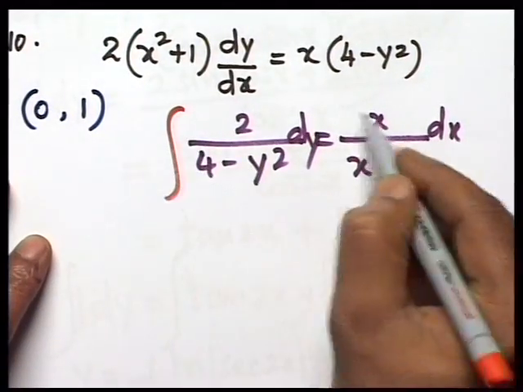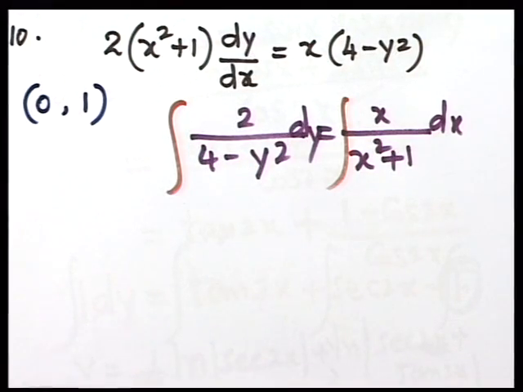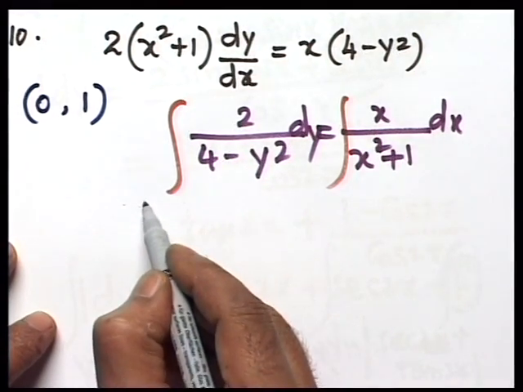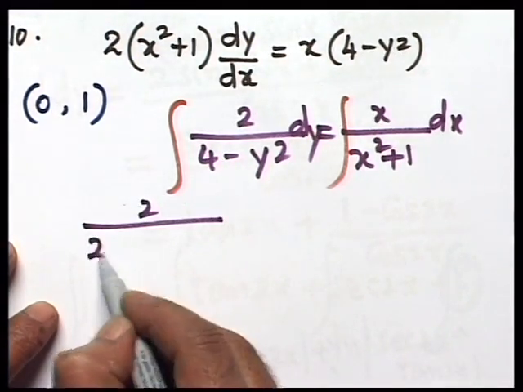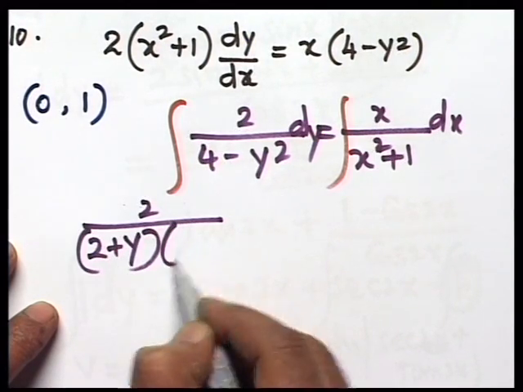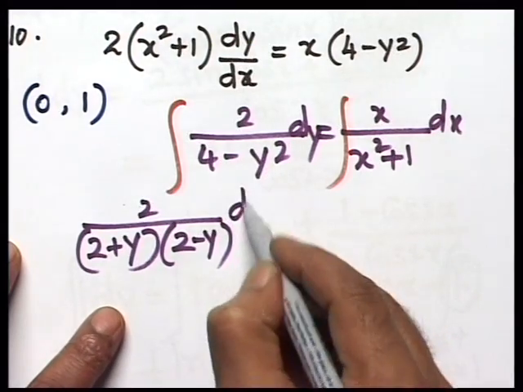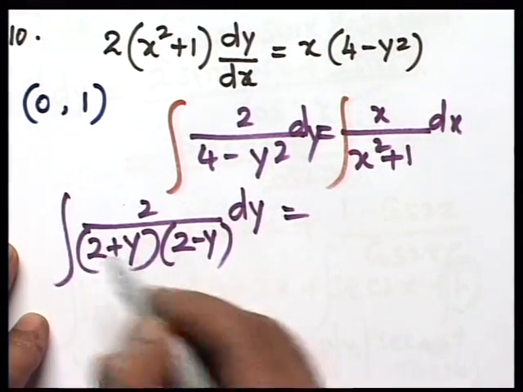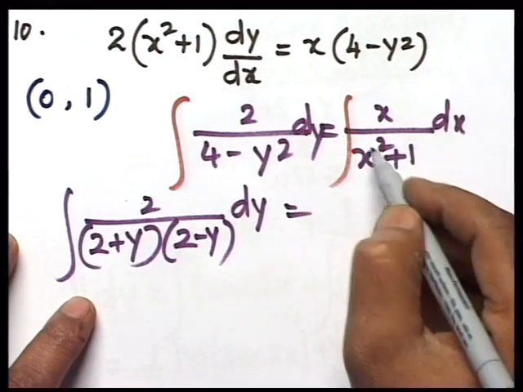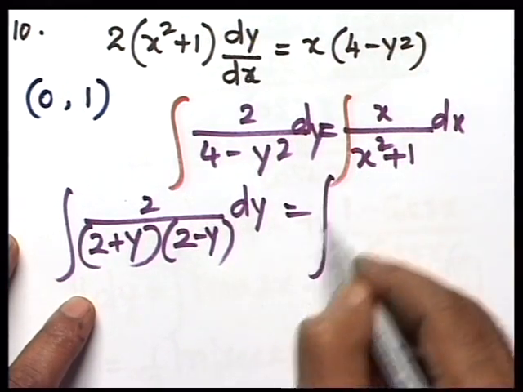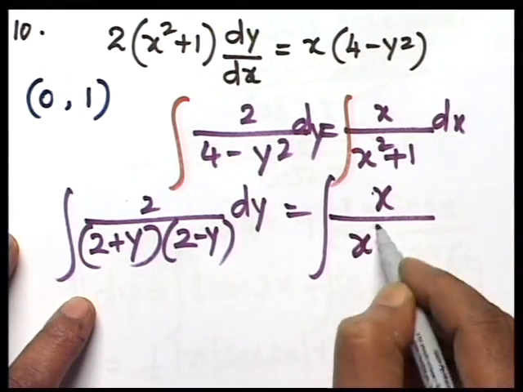Integration on both sides, right? That's a partial fraction, please. So it's actually 2 over 2 plus y and 2 minus y, which gives 4 minus y square. dy equals, that's integration. This is the guessing method, all right? So x on top, x square plus 1.